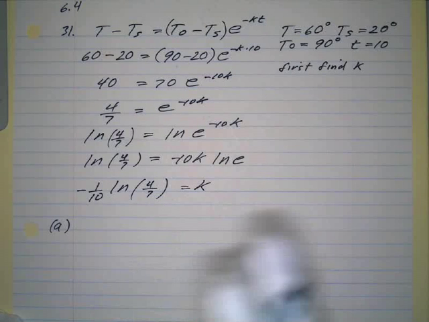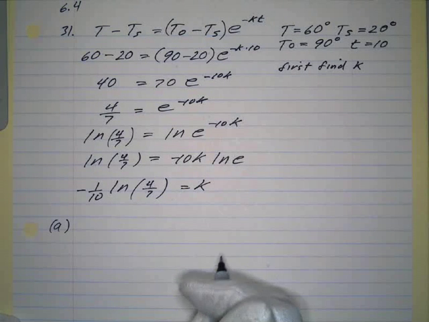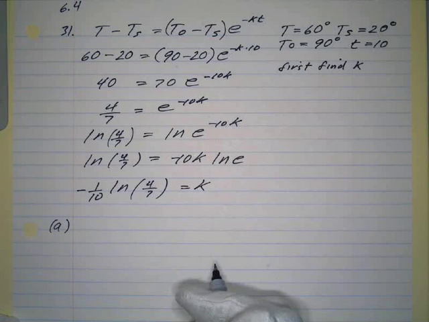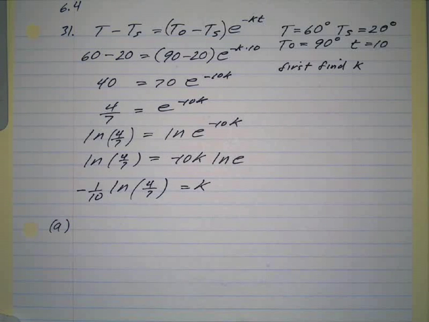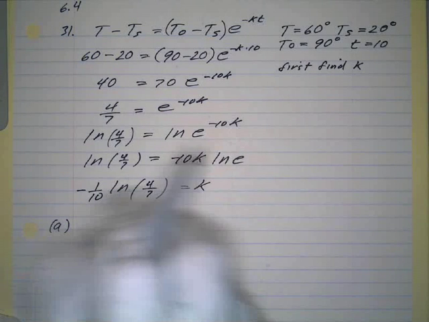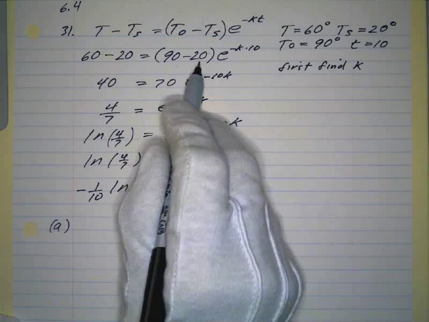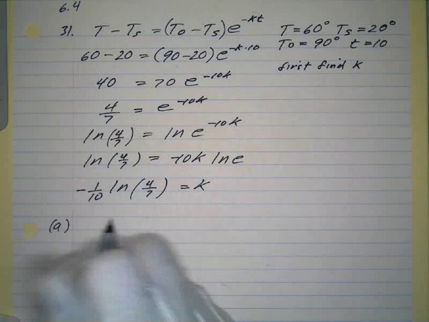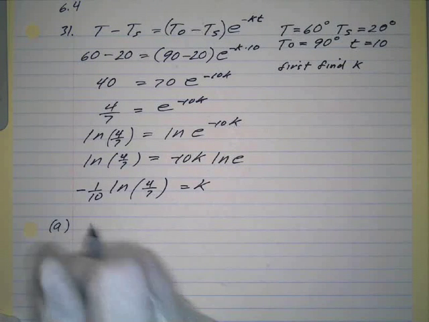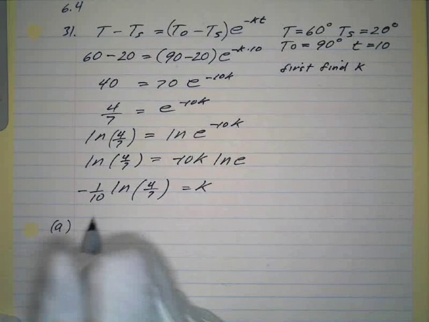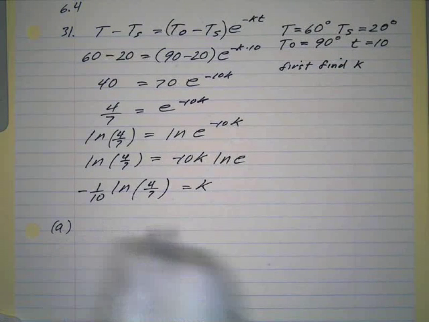we want to find out how much longer it takes to cool down to 35 degrees. We got it down to 60, so we're going to go down more to 35. Well, actually, I should write the equation.